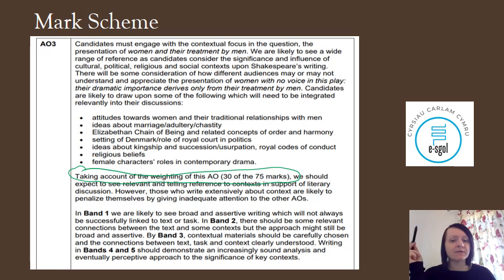Those who write extensively about context are likely to penalise themselves, because obviously you won't be giving enough attention to the other AOs. So we don't want a history essay, we still want a literary essay, but you've got to ensure that you are paying close attention to other aspects, and they need to be integrated relevantly into your discussions.